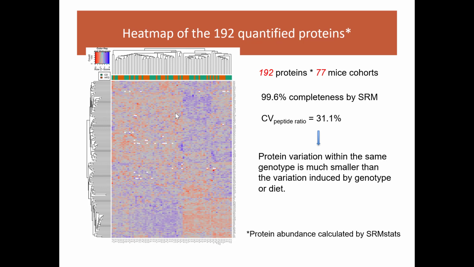When you have two alleles in the population, a B6 and a DBA allele, you can ask, is it so that whenever the DBA allele is present, a protein is high, and whenever the B6 allele is present, the protein level is low? If this is happening over all these mice, then you have a strong case to say that the allele at the genetic locus is linked to the abundance of the protein. We don't know, of course, how. There's no mechanism behind it, but it's a statistically supported link.